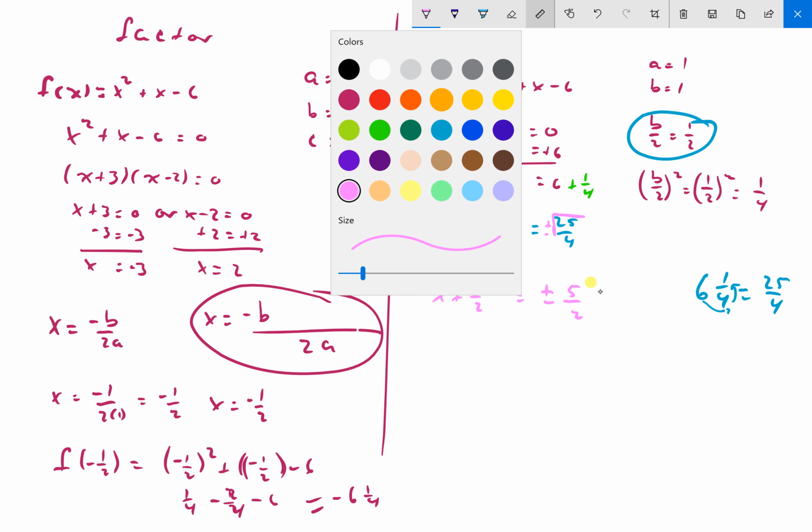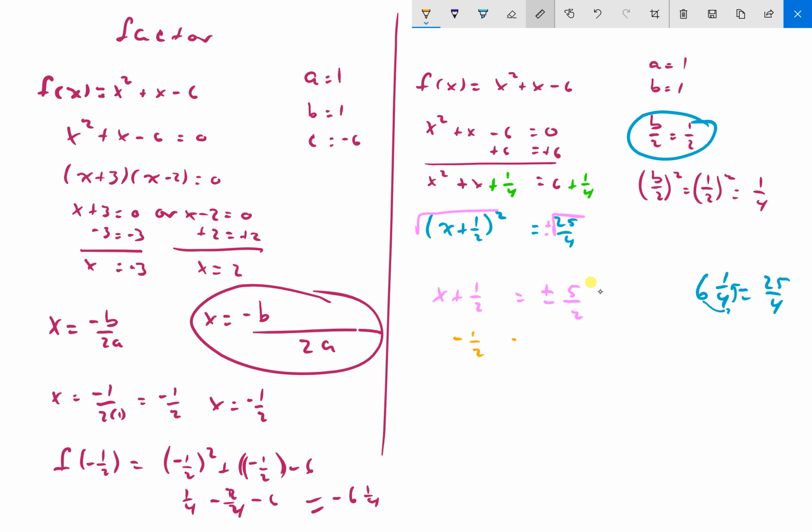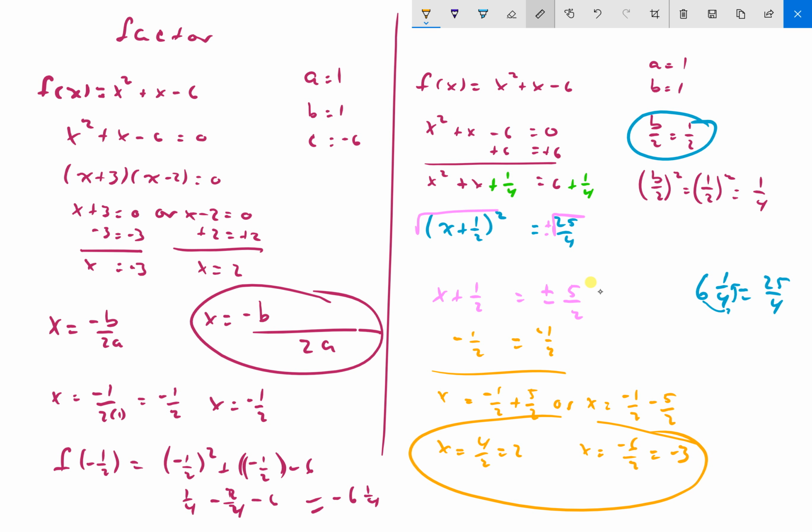If I now subtract 1/2 from both sides, I get x equals negative 1/2 plus 5/2, or x equals negative 1/2 minus 5/2. And this will give you x equals 4/2, which is 2, or x equals negative 6/2, which is negative 3. And if you look, those are the roots that we found before.